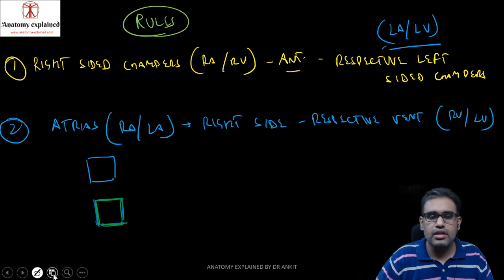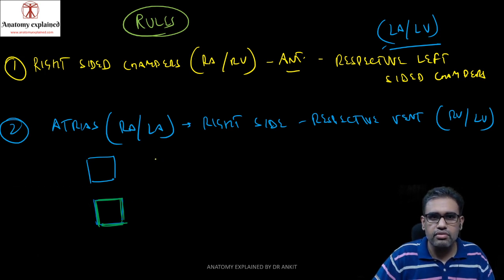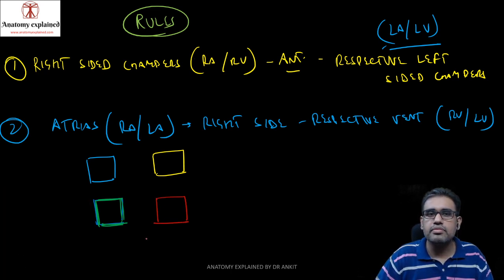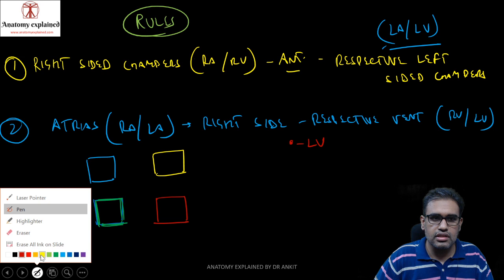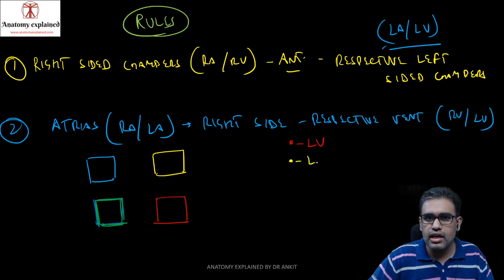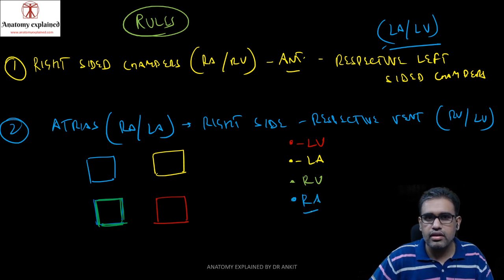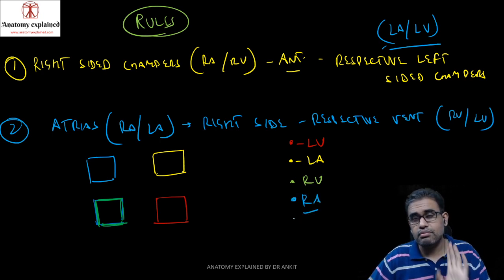If we make the left atrium with the yellow color, and the left ventricle with this dark red color, what is this denoting? This red color is denoting the LV, this yellow color is denoting the LA, that is the left atrium, this greenish color is denoting the right ventricle, and this bluish color will be denoting the right atrium. These are the four chambers.